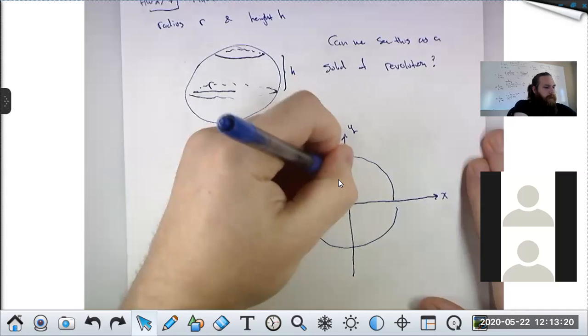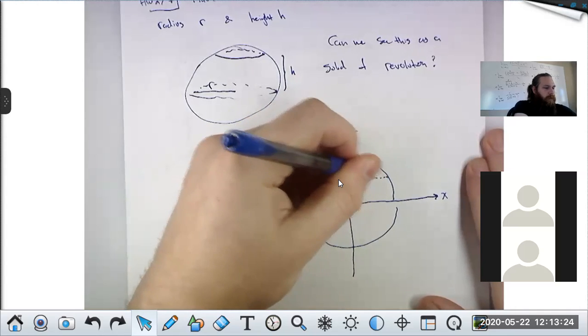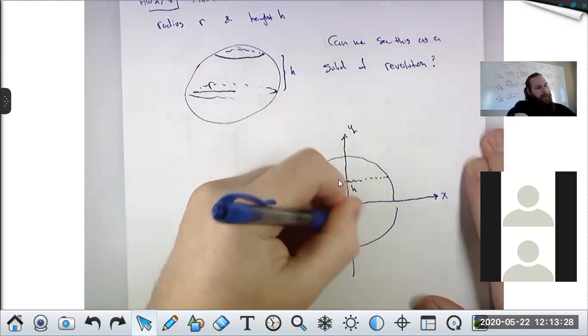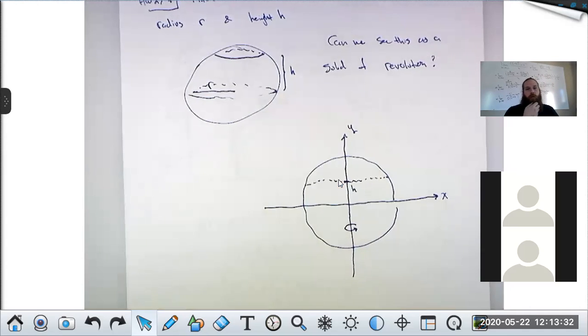If I chop here at this height h, and I rotate just that part about the y-axis, then I will get the cap that I'm looking for.